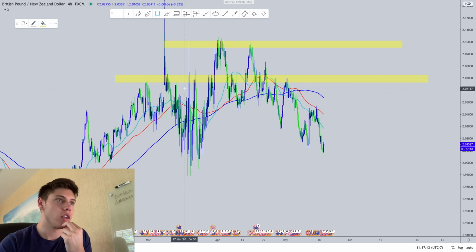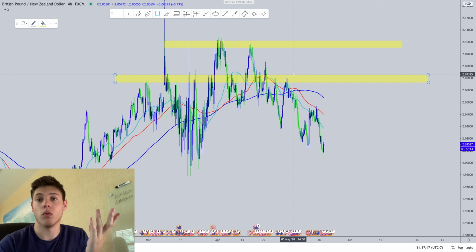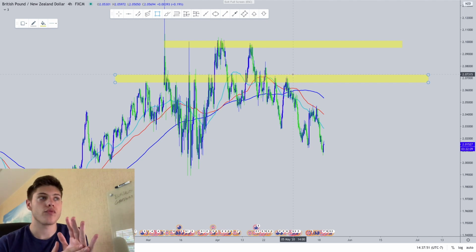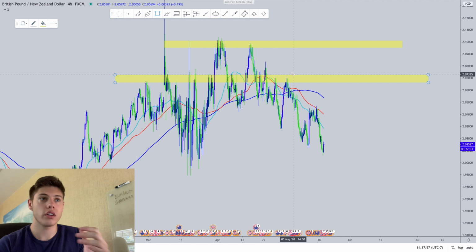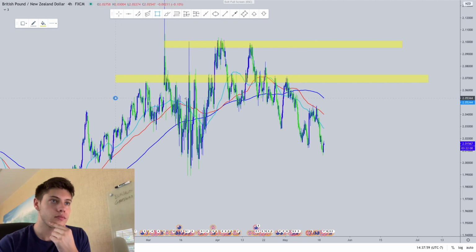On either resistance or support, or hopefully both, right? A zone is stronger if it's acted as both support and resistance, not just one or the other, right? So we have this level here.